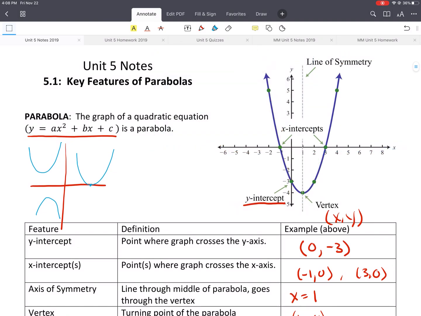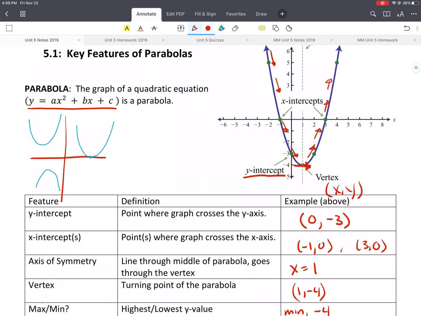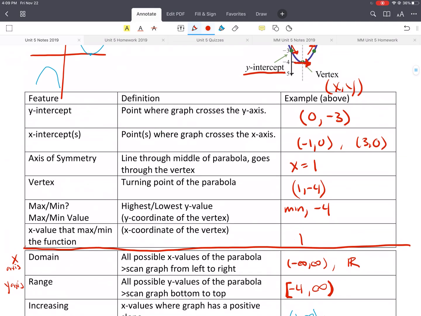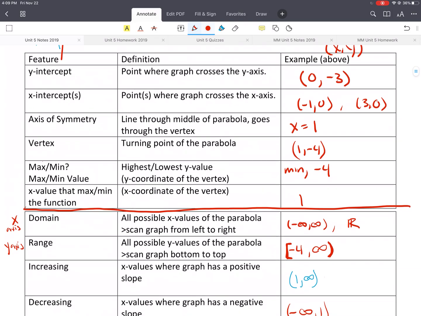Another way to think of this is decreasing is negative slope. So at this point, your slope's negative, negative, negative, negative, but then at the vertex, the slope is 0, and then we have increasing was positive slope. Okay? So we don't include that point because the slope's not positive or negative.